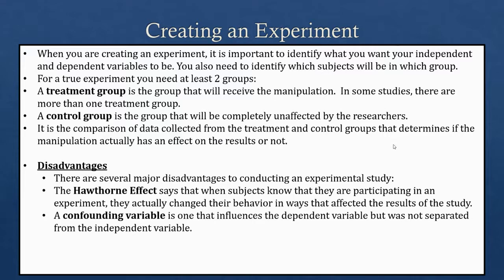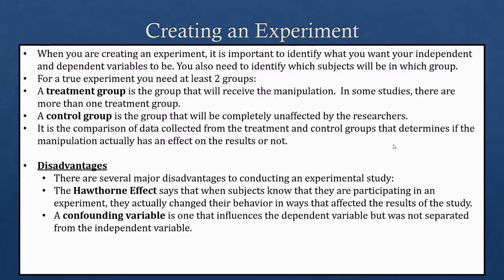A confounding variable is one that influences the dependent variable but was not separated from the independent variable in the first place. So if you think back to the sit-ups example, sit-ups has to do with physicality and being in good shape. If someone was having their number of sit-ups measured, one possible confounding variable would maybe be diet.